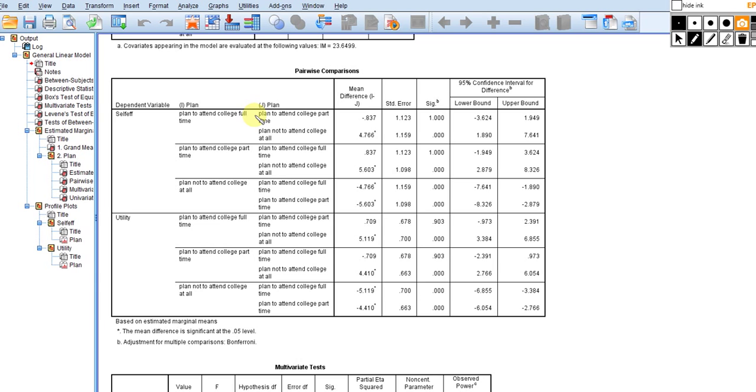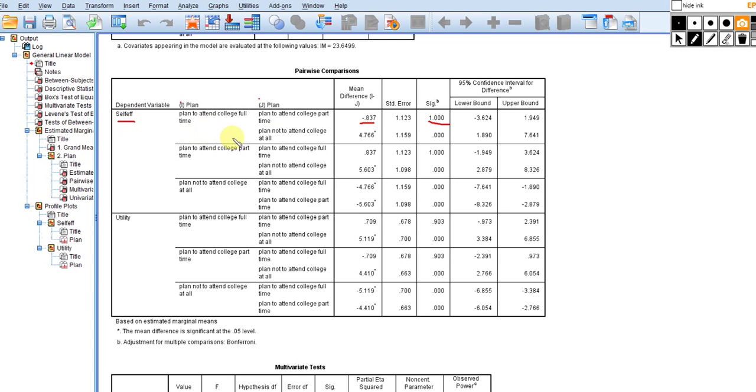You can see that there was no significant difference between the two plan to attend college groups on self-efficacy, whereas when you compare the plan to attend college full-time group and the plan not to attend group, you see a significant difference in adjusted means favoring the plan to attend college full-time group.